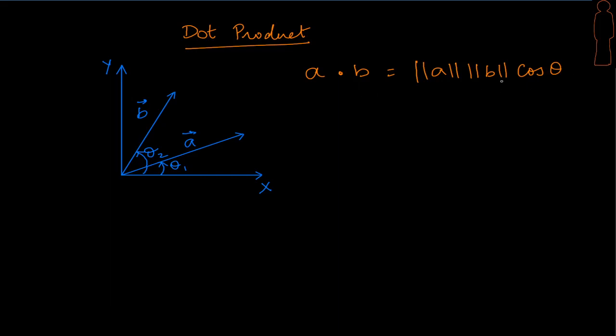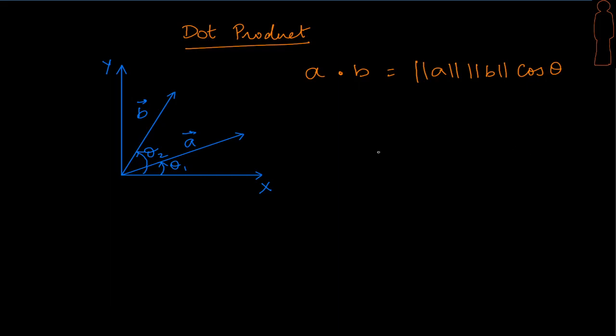Now, just from this, we are going to look at some very interesting properties, and it will also give us a lot of insights about dot product, and that will make us appreciate why this operation called dot product itself is being used.